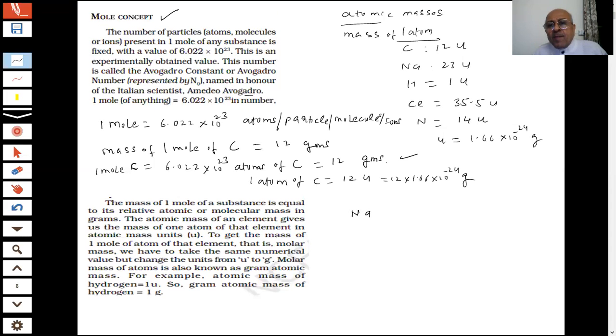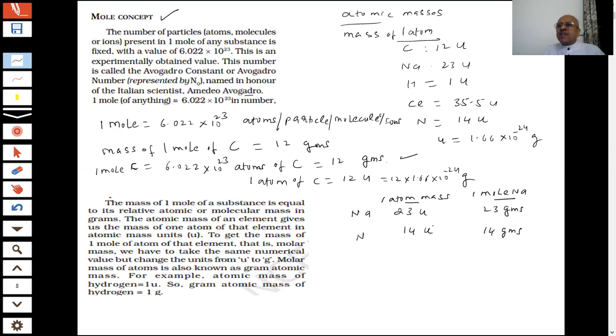You are saying sodium, one atom, mass is 23 U, students. And if I say the mass of 1 mole of sodium, this will come to 23 grams. You can take any. You are saying nitrogen, the mass of one atom of nitrogen is 14 U. Now, if I take 1 mole of nitrogen, the mass will be 14 grams.